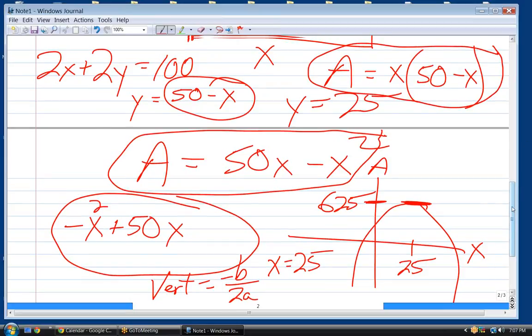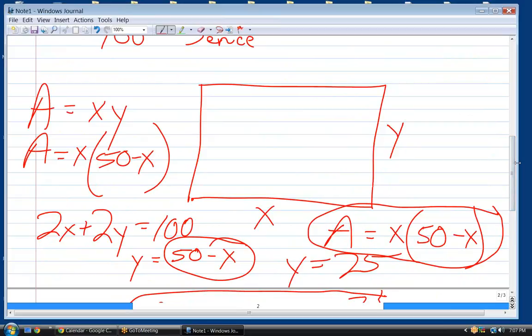Now, let's look at this problem. In other words, the answer came out to be a square, 25 by 25. And that's always going to be the answer when you're trying to maximize a geometric shape's area: the closest thing to a square that you can get.